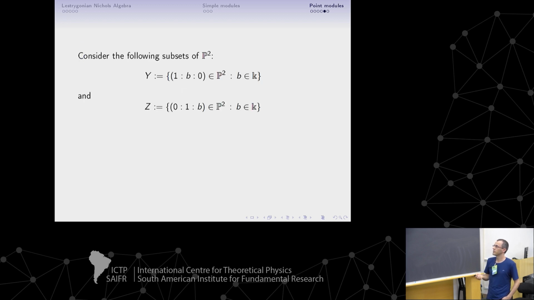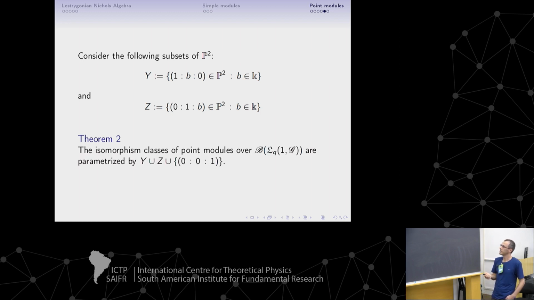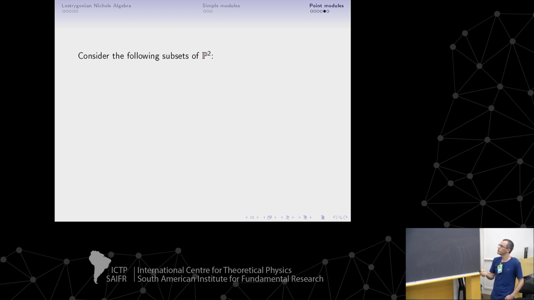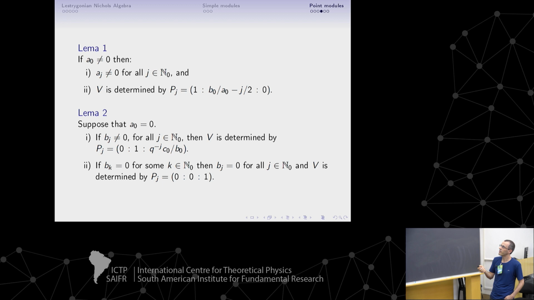Using these results, we have the parameterization of the point modules over the Lestrygonian Nichols algebra, and they are given by this set and this set. Because if you see here, we have an element that depends only on a constant, and here we have this, and here this.